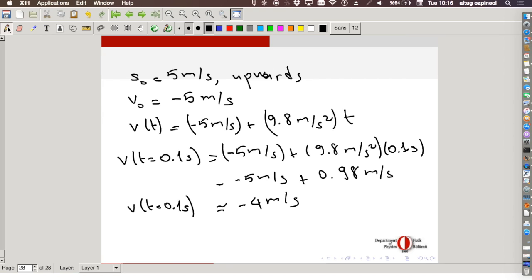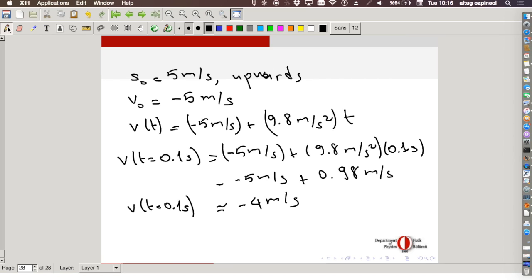So is it going up or down at t equal to 0.1 seconds? Up. Because we have calculated the velocity at this time to be minus 4 meters per second, and this minus sign just tells me that it's still going in the minus direction, which is the upward direction.